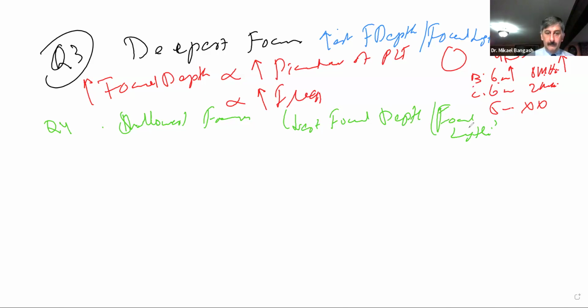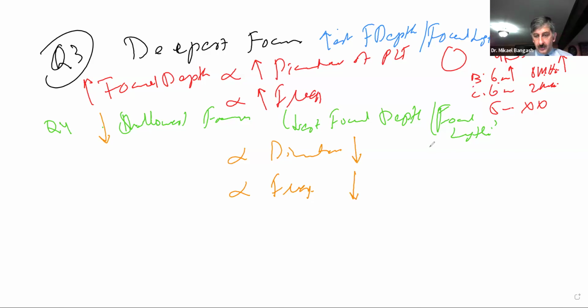Clear? Okay. So since we are looking for the shortest, and we know that focal depth is directly proportional to both diameter and frequency, what we mean is you just need to choose the one with the smallest diameter and the smallest frequency.